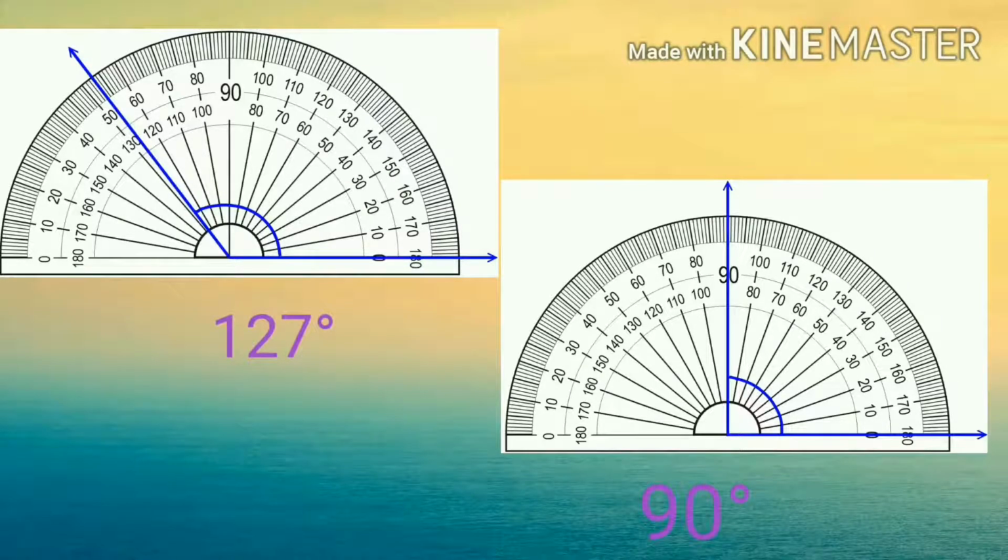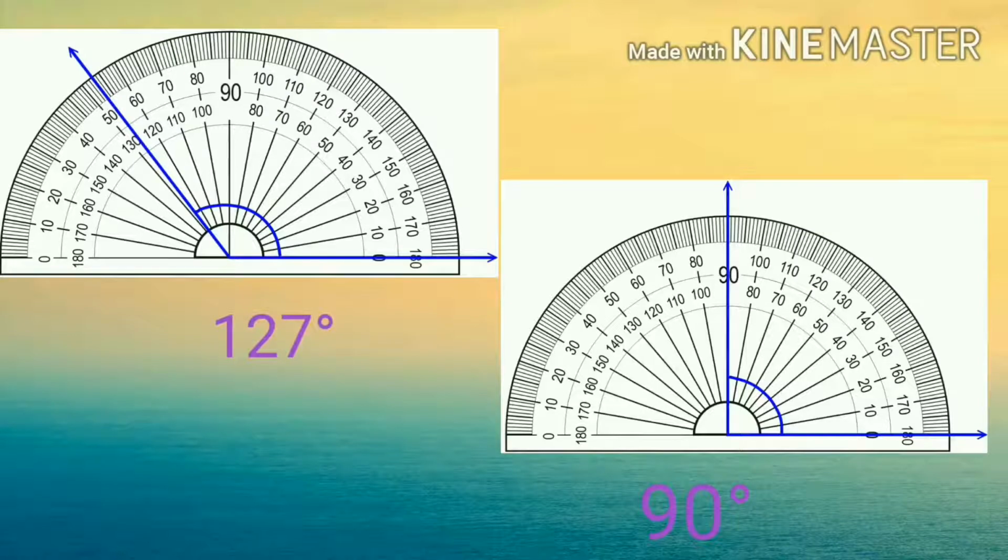There are two sets of measurements on a protractor, marking from 0 degree to 180 degree in different directions. The 0 degree which starts from the right side is called the inner scale, and the 0 degree which starts from the left side is called the outer scale.